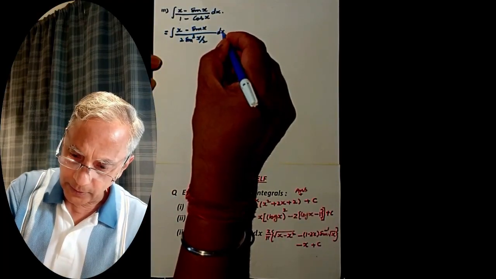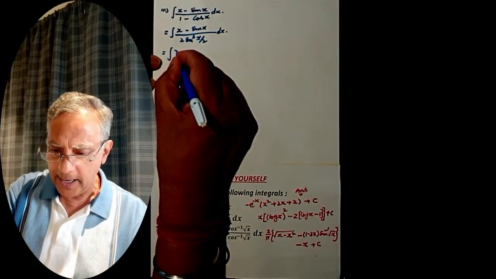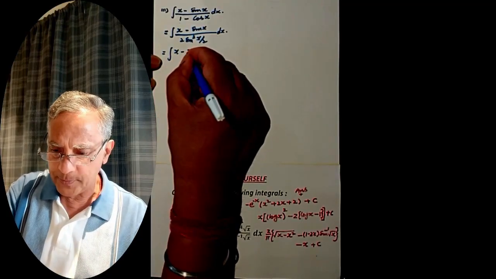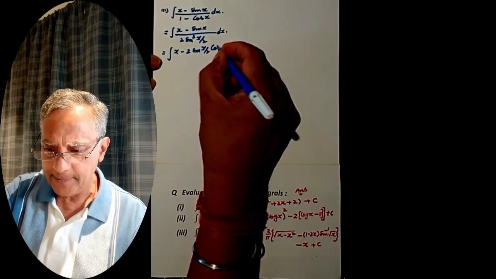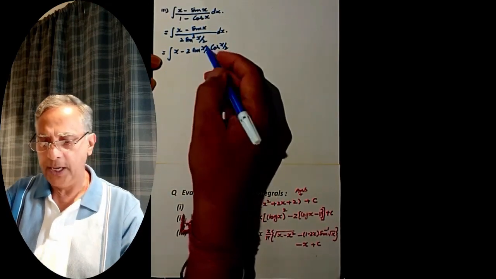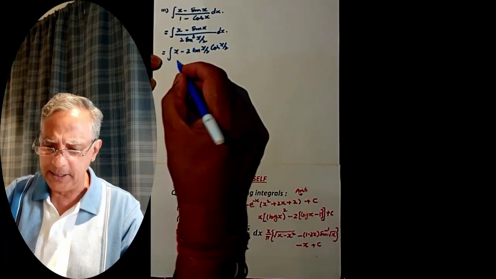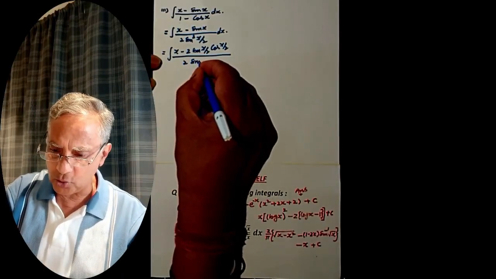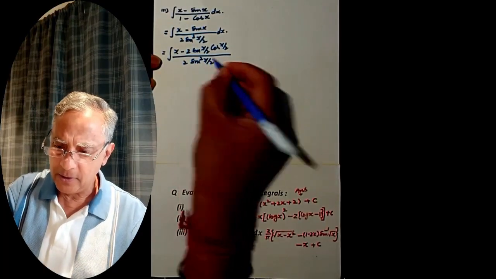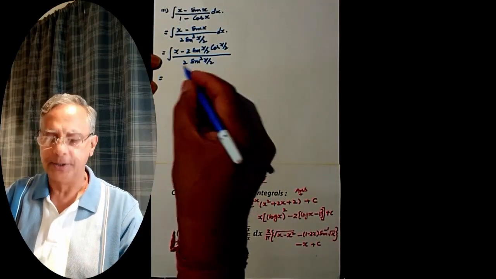So we can write this integral as integral of x minus 2 sin x by 2 cos x by 2, over 2 sin square x by 2. We are changing this question in terms of sin x by 2 and cos x by 2. Now separate this into two simple questions.